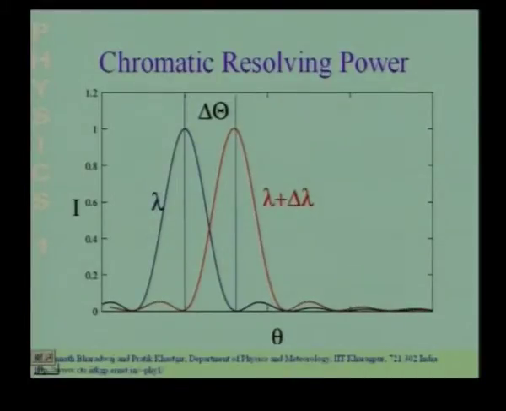We have light of two wavelengths, one lambda and another lambda plus delta lambda.